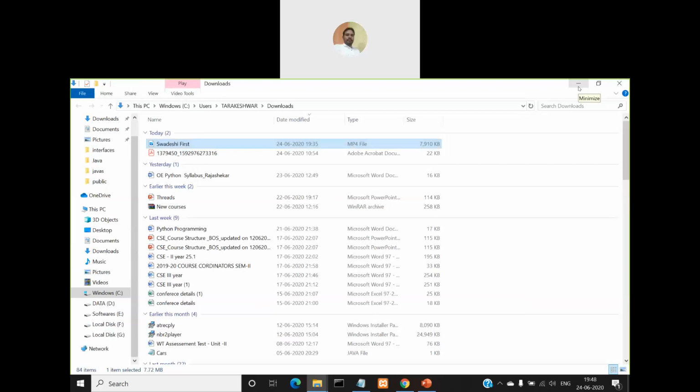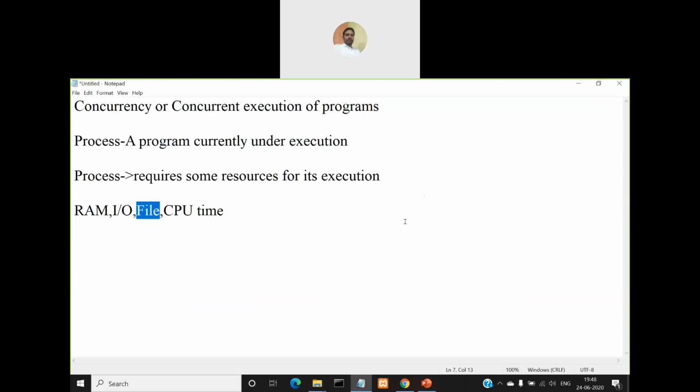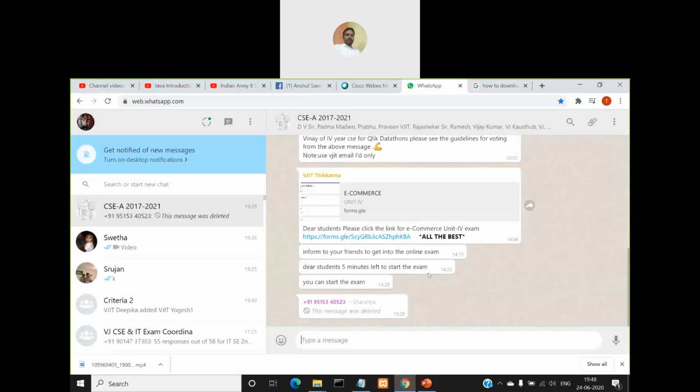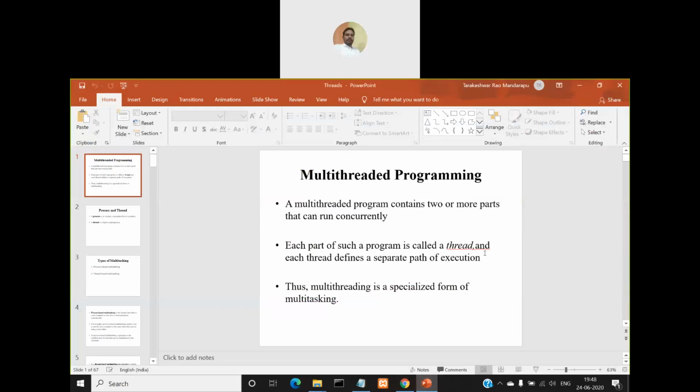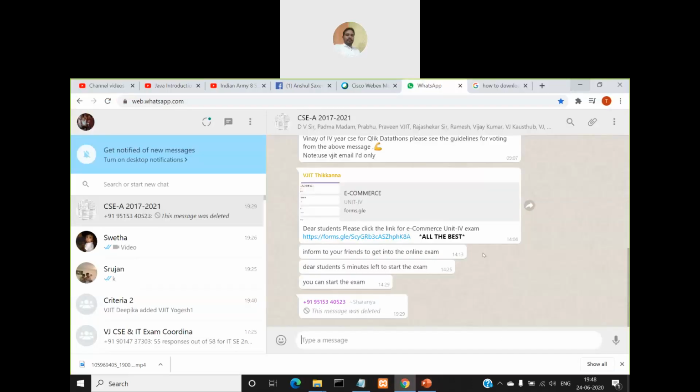Now it is temporarily loaded into the RAM. This window is also another process or program, and notepad is another program, and this browser window is another program, and this PowerPoint is another program. So these many programs are now currently loaded into the RAM because I opened all of them.